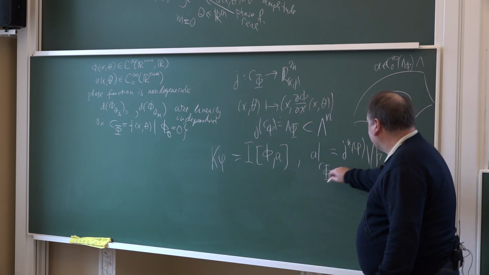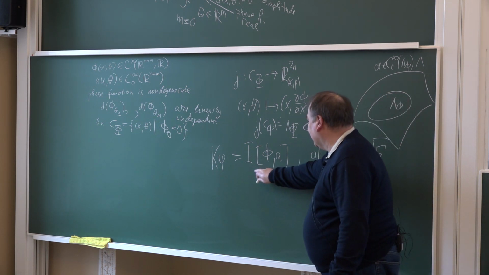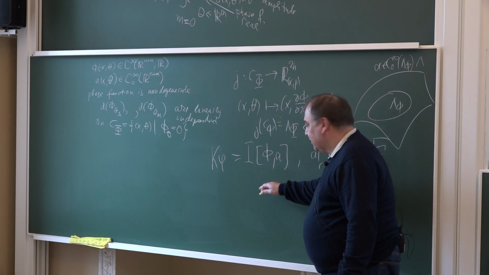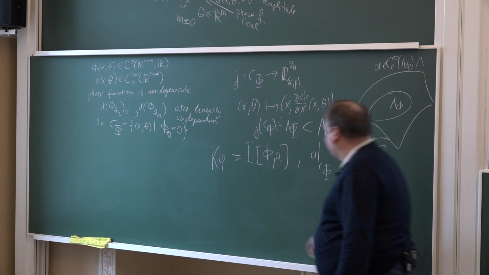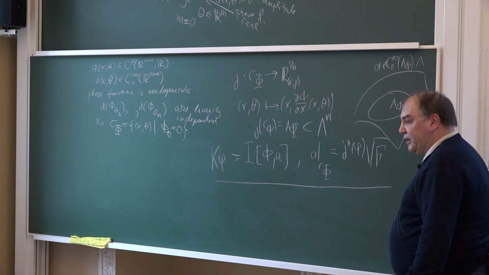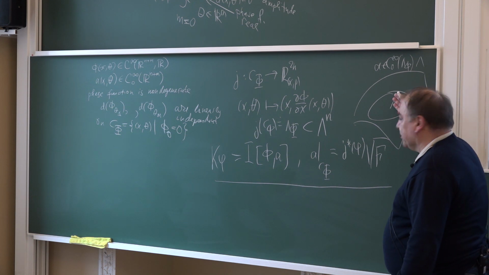So this condition defines this I of phi a modulo O of h. So this formula defines the canonical operator locally for functions with support in lambda phi.